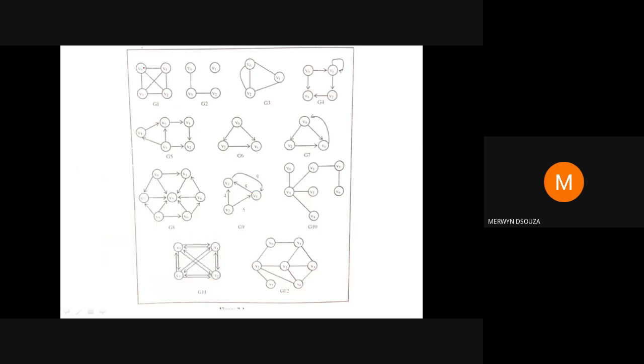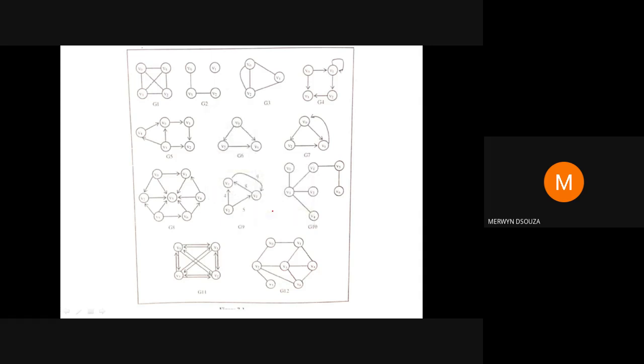In an undirected graph, as long as there's an edge, I can say V0 is adjacent to V1 and also V1 is adjacent to V0. What is the condition for being adjacent? There should be a direct edge between those two vertices.